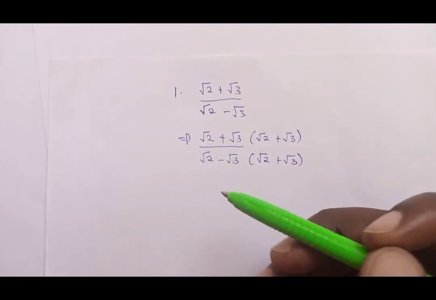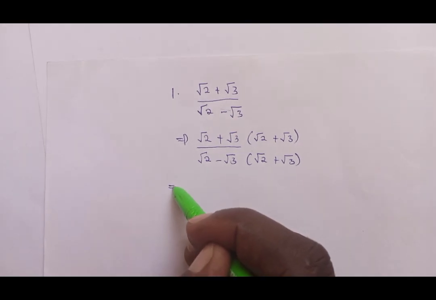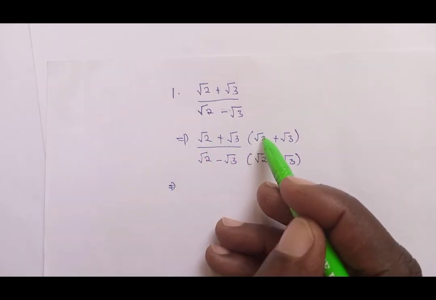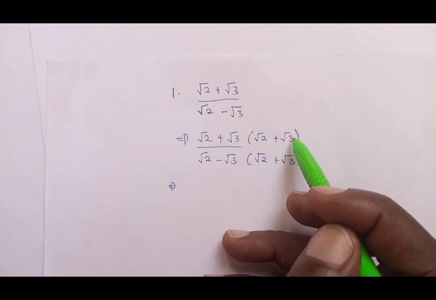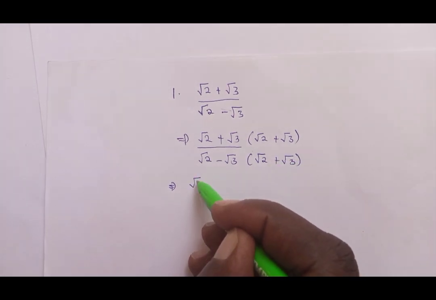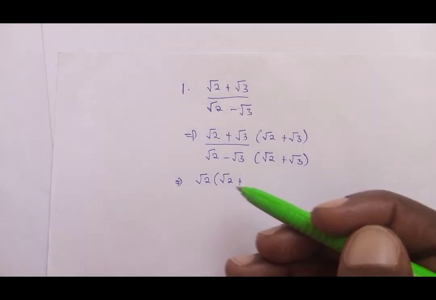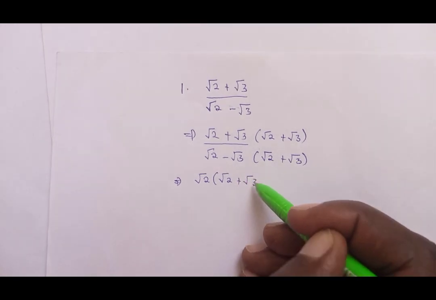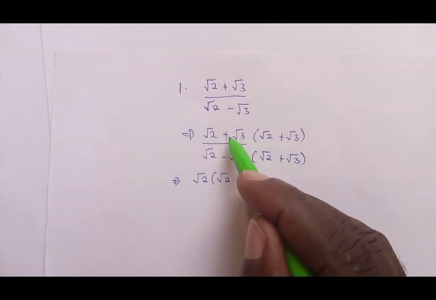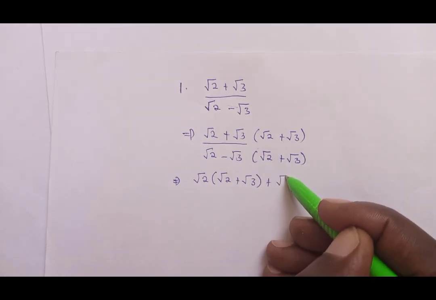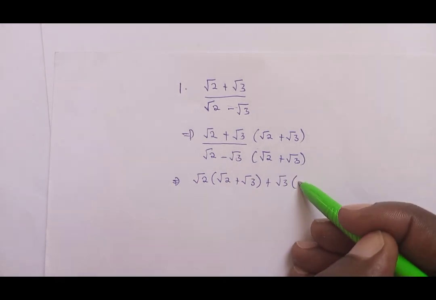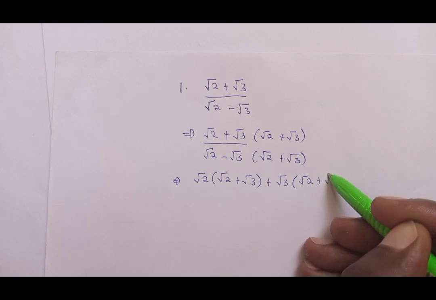So the next thing we are going to do is now to simplify. So we are going to multiply these terms with everything in the brackets. So in simple terms, I will just put this and put into brackets the square root of 2 plus the square root of 3. Then I put this sign, the square root of 3 into the square root of 2 plus the square root of 3.